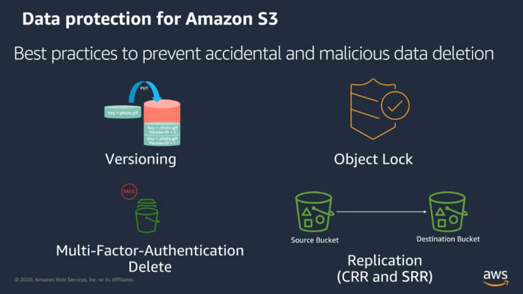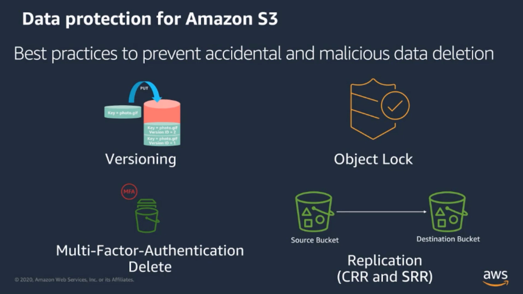So we'll start with versioning. Versioning is at the core of all of these features. And in fact, it is required for the other 3 features that are listed here. Then we're going to talk about object lock, which is a way to set an object to not be allowed to be deleted until at least a certain time or indefinitely.